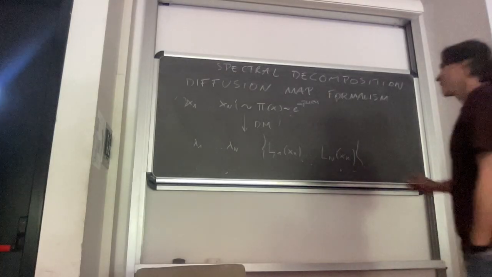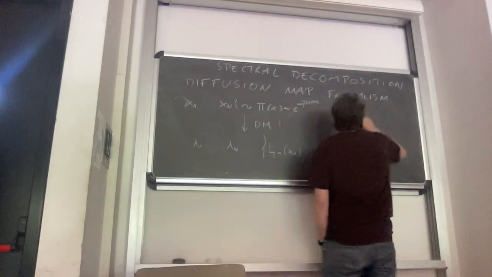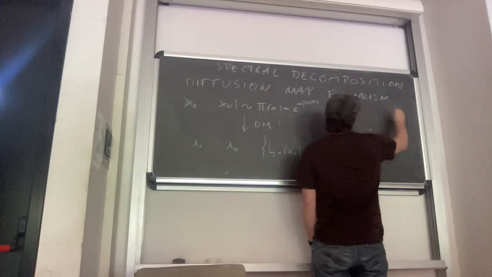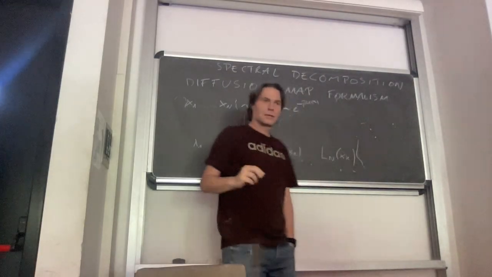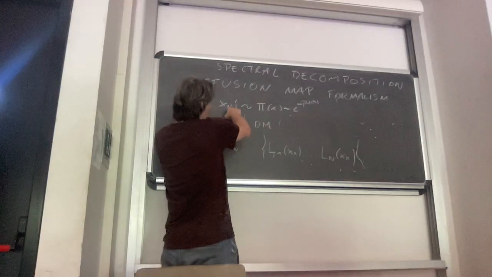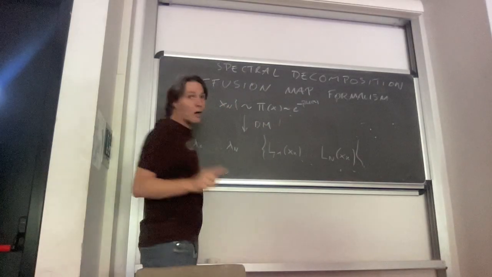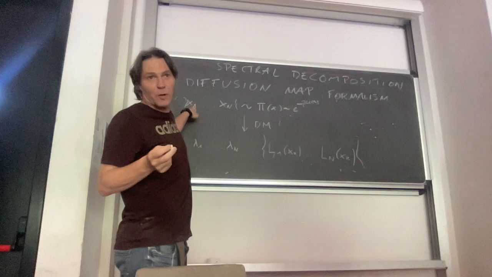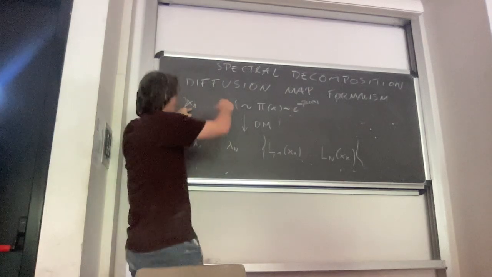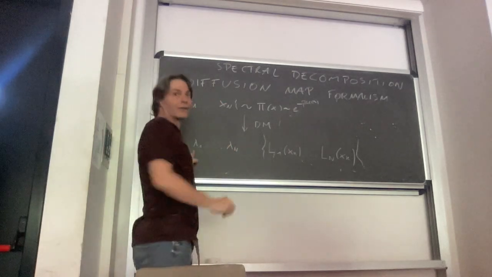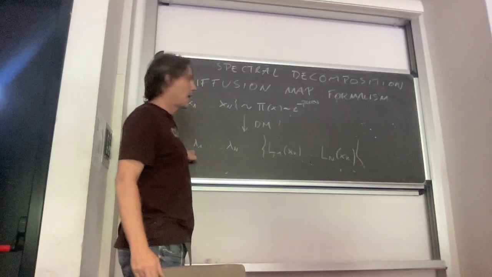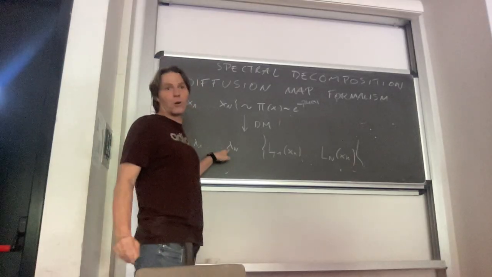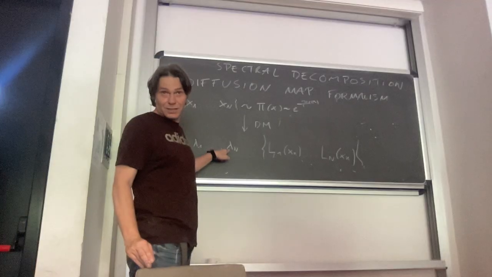Let me repeat. I get n points, which I sampled from molecular dynamics. And using these n points, in some limit that I will have to specify in a moment, I will get n real numbers from 0 up, and I interpret these numbers as the lowest n eigenvalues.